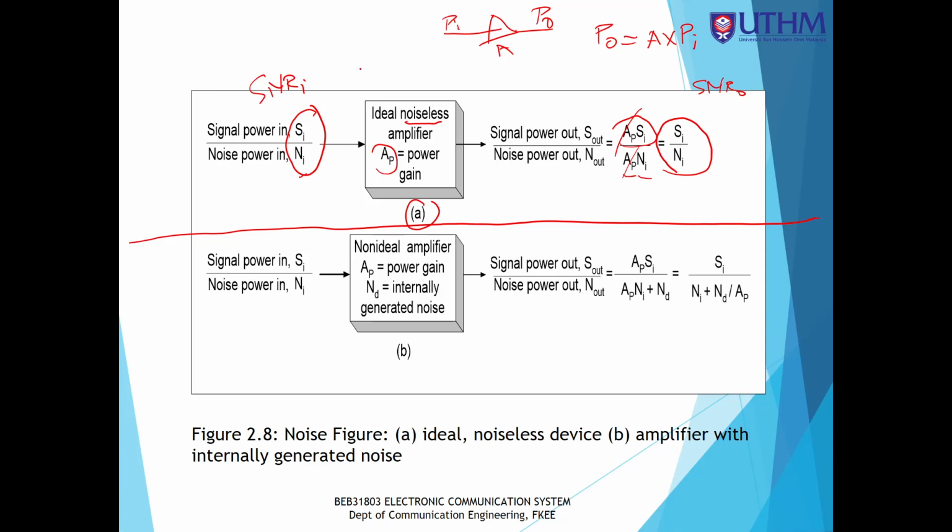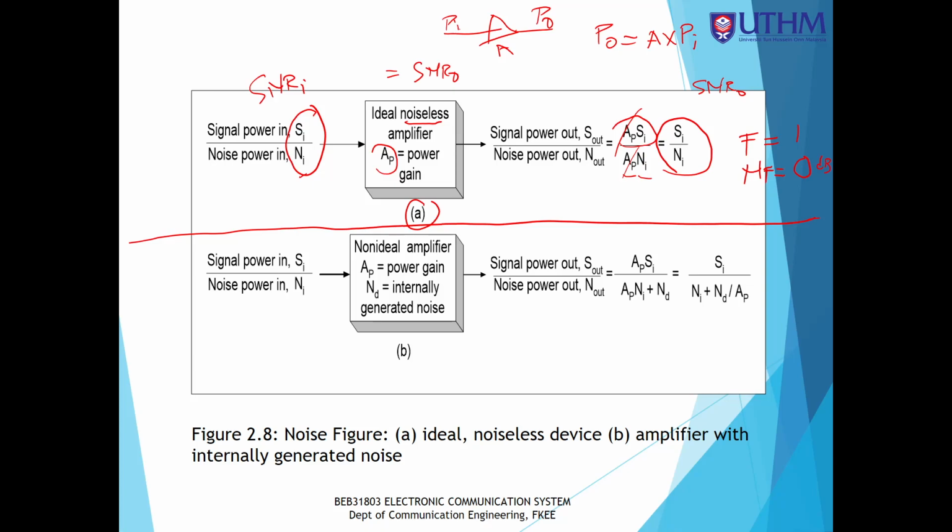That means SNRI is equal to SNRO. So this is F equal to 1, and F equal to 0 dB, since 10 log 1 gives 0 dB. So this is a perfect system. The amplifier does not produce additional noise.